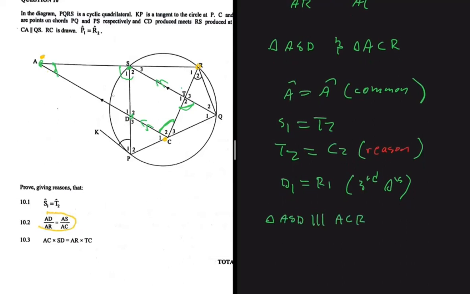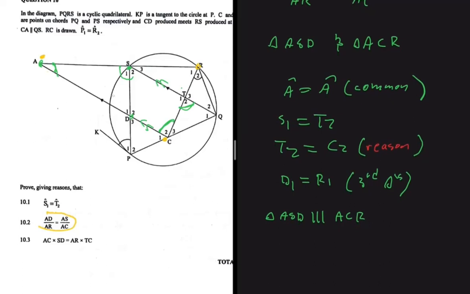So let's look here. ASD is similar to ACR. So now we can say that AD, right, divided by AR is equal to AS divided by AC, right? We can only have those lines if we've proved that those two triangles are similar to each other. So what are we saying now?